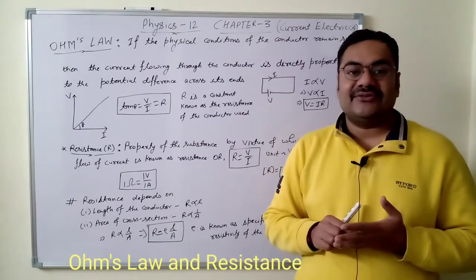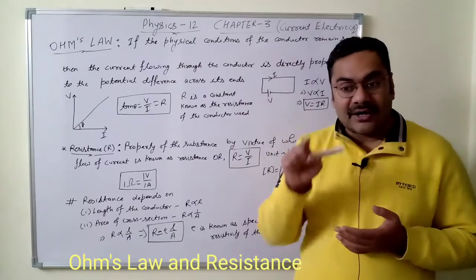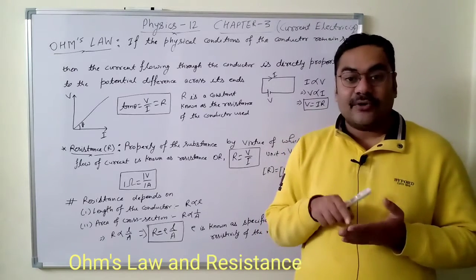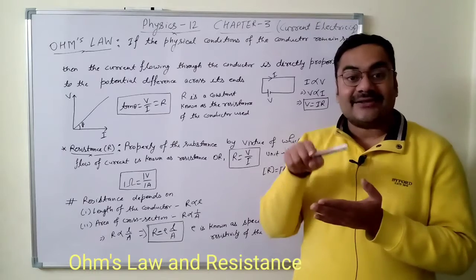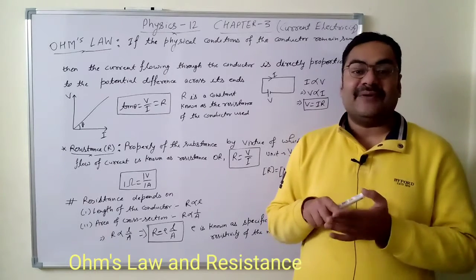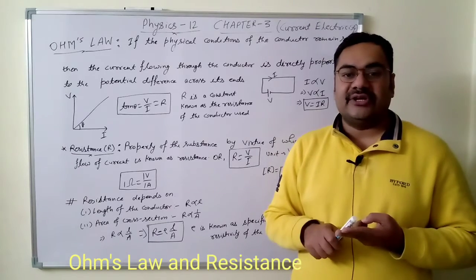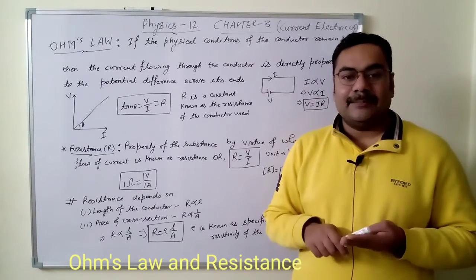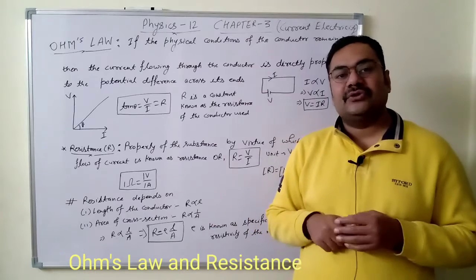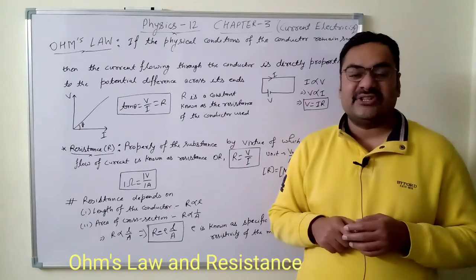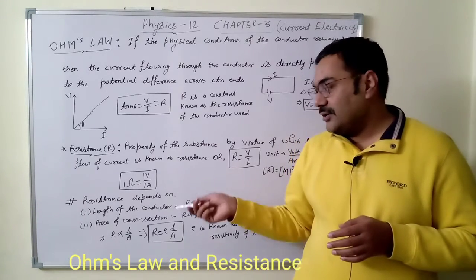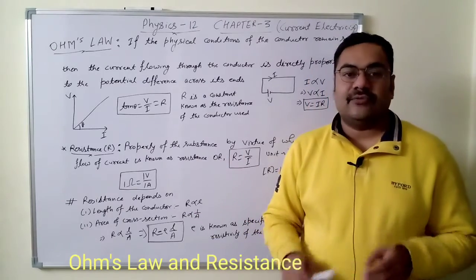Rather, resistance is a constant for a conductor, for that configuration, at that particular temperature. If I change anything, be it its length, its cross-sectional area, its material, its temperature, the resistance will be changed. So resistance is not a constant, rather resistivity is a constant for that material.